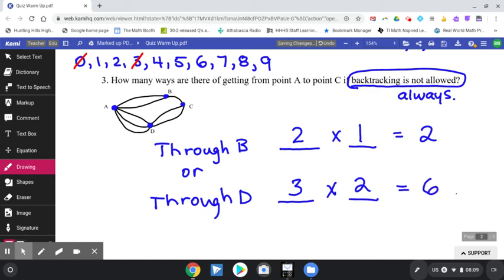Now, we've talked about how or, that connecting word, means add, but really adding makes sense anyway because we're trying to find the total number of ways. So we're going to add up those two numbers. And we're going to say there are 8 possible ways to get from point A to point C.